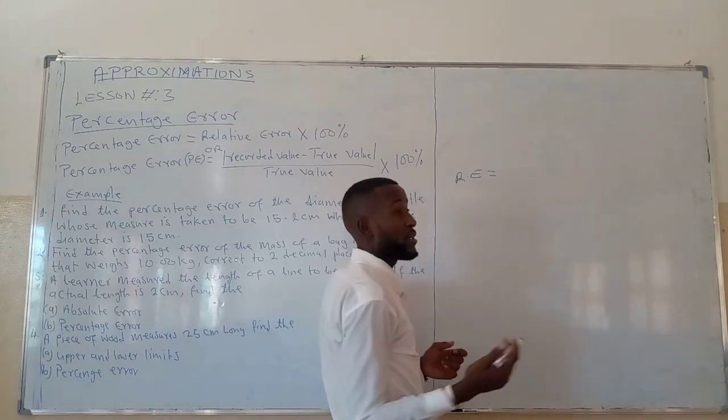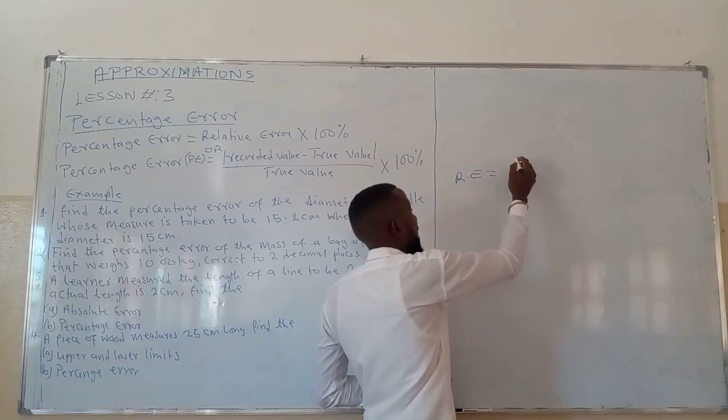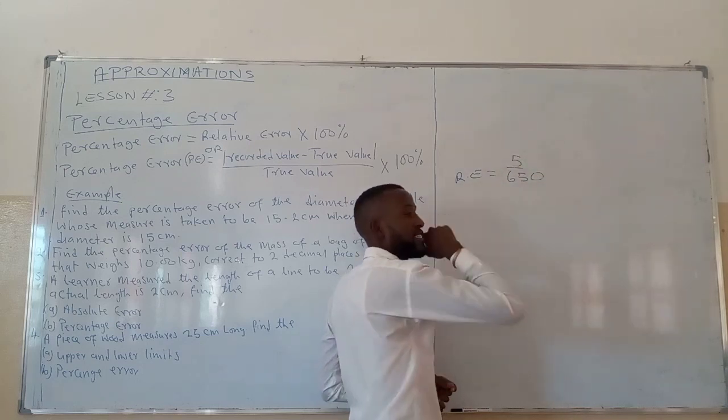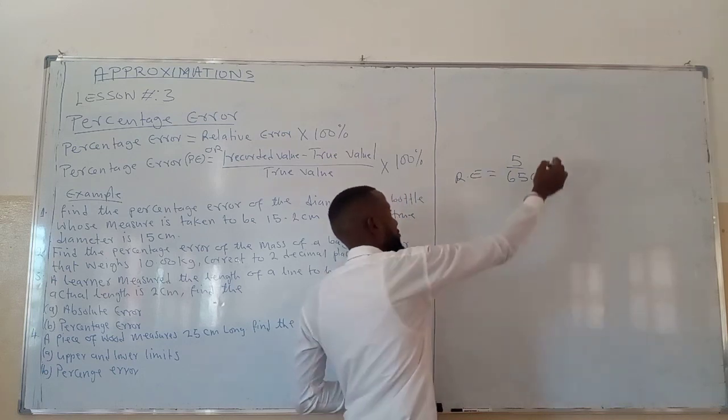We came to write our answer as 5 over 650. I said simplify this to get your final answer, and I left a question mark.